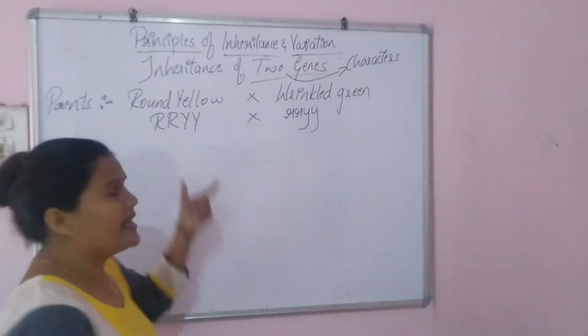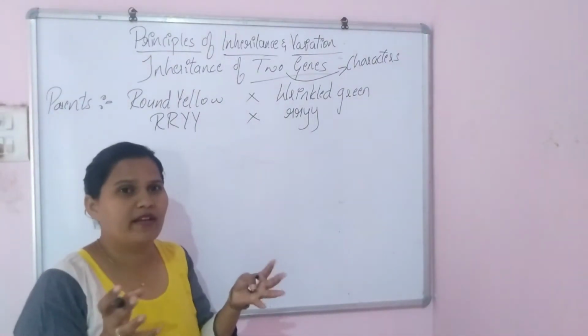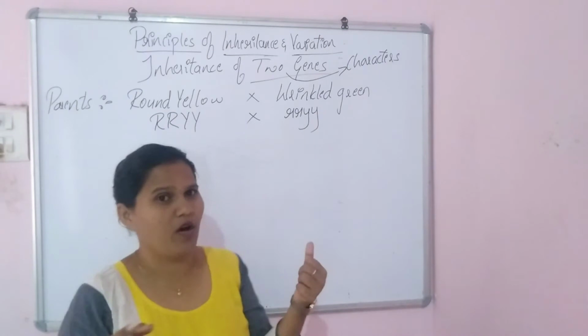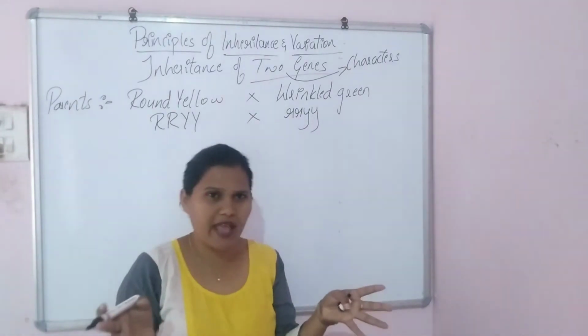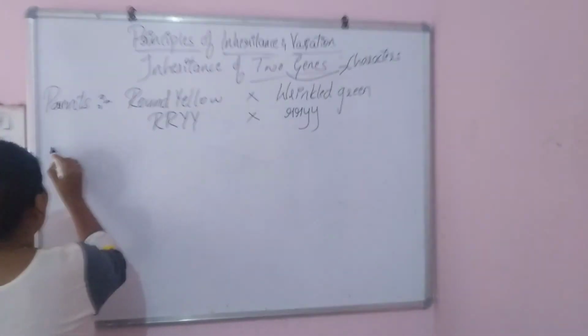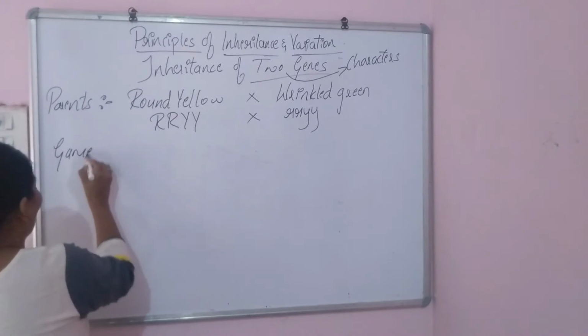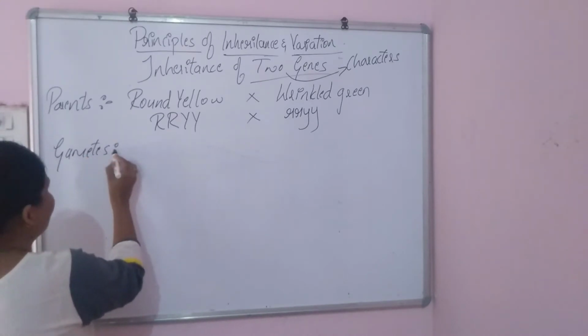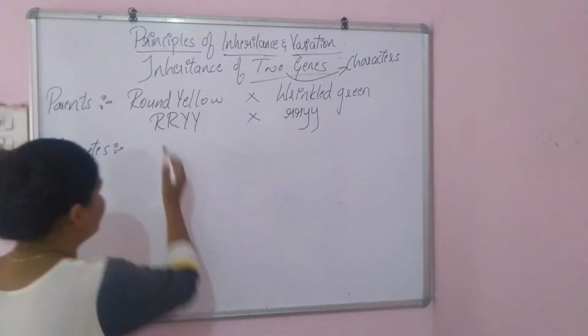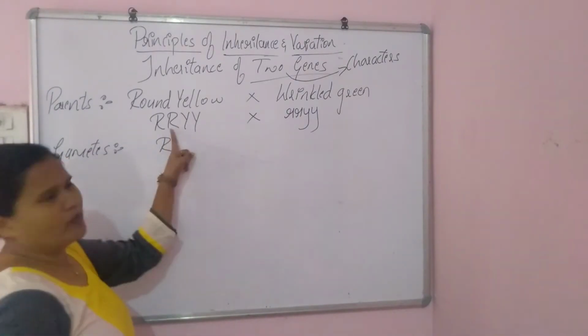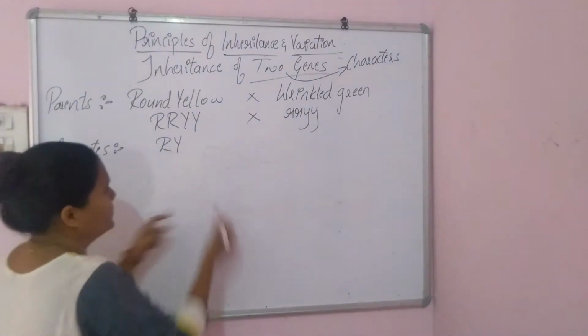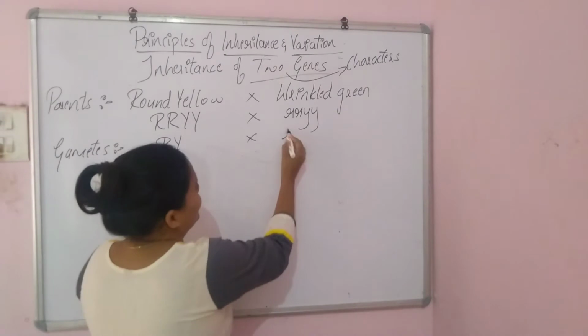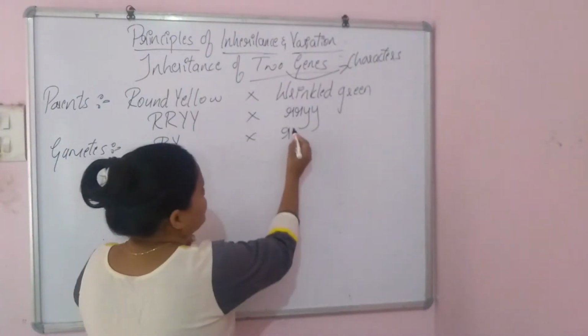That's good. So let's make the gametes, where the law of segregation, the separation of the gametes, will take place. The gametes from this: we'll take one R from here and one Y from here, and here also one small r and one small y.